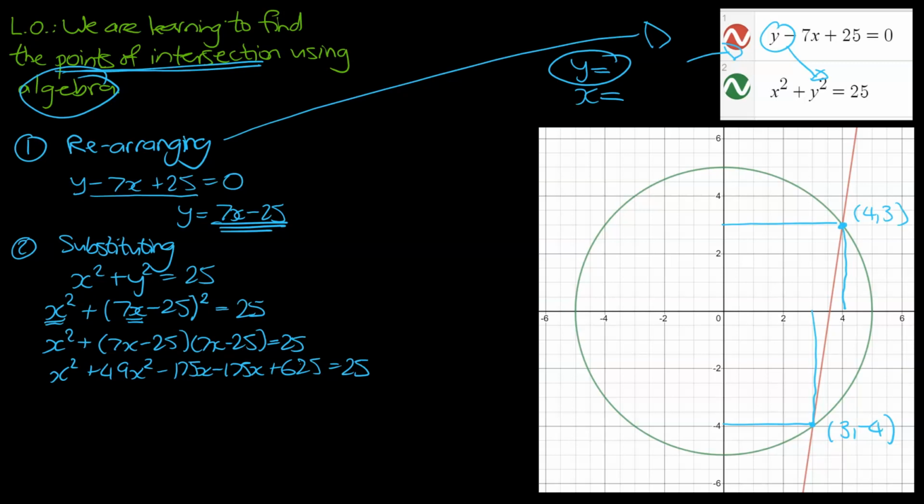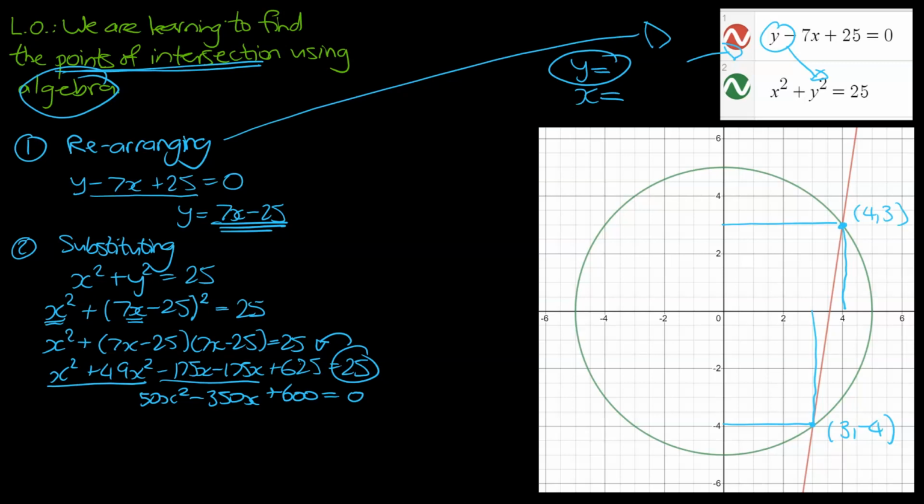We're then going to clean all that up. For the x squareds, we've got 50x squared, we've got negative 350x, and if we move that positive 25 to the other side, we're left with 600. And all of that is equal to 0.